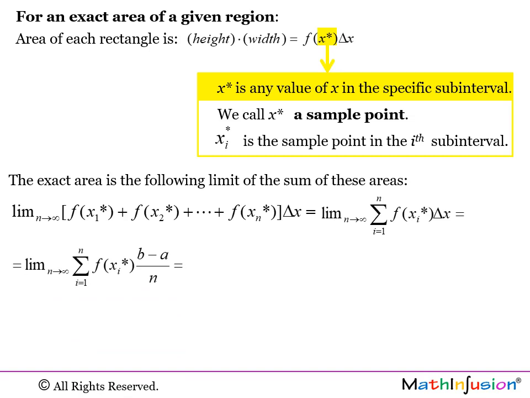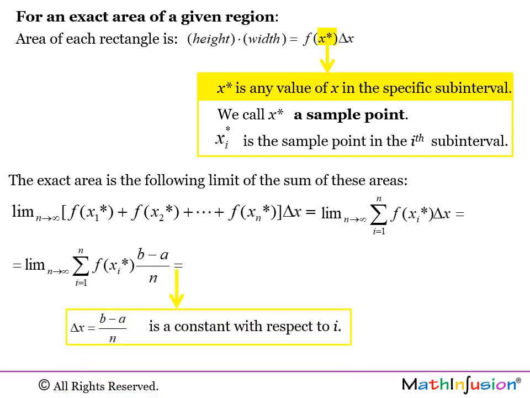Now we will replace delta x by (b minus a) over n, so you can see that there is something there that has to do with this n. But this is a constant with respect to i, so I can take it out of the sigma.